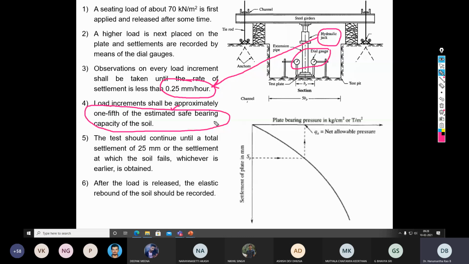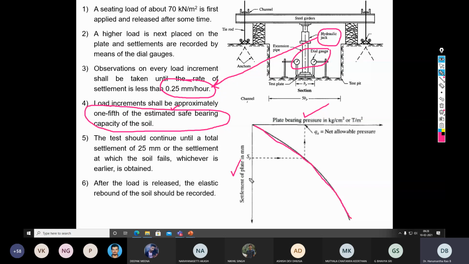Now when you repeat the entire process, you will get a curve, that is plate bearing pressure versus the settlement of the plate, the relationship between load and settlement. Either you can convert this into stress-strain, but this is called a plate load test graph. It's always plate bearing pressure versus the settlement in millimeter.